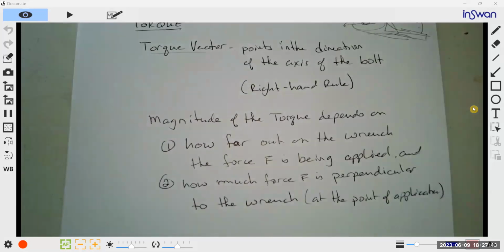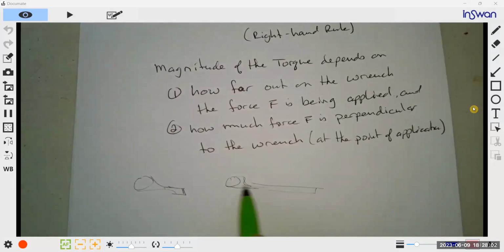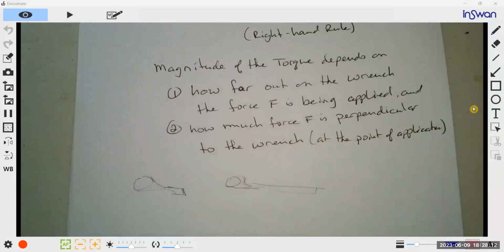All that's saying is the longer your wrench, the greater the magnitude of the torque. That's why if you ever try to take off a lug nut from a car and your lug wrench is still not working, put an extension pipe on there. The longer it is, the less force it takes to undo that bolt.